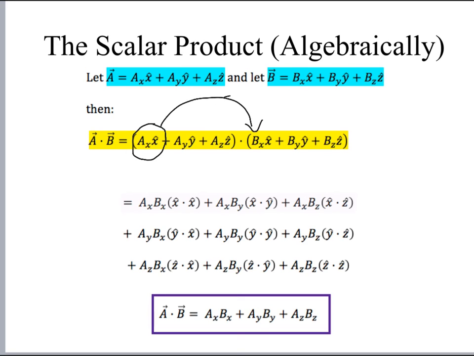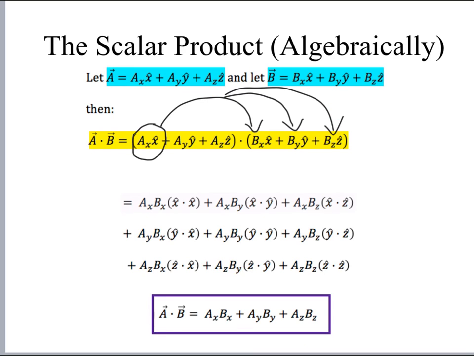I'm going to take that one, and I'm going to multiply it by those three. And when I say multiply, I mean I'm taking the scalar product. So I'll do ax x hat with bx x hat. I'll take the scalar product of ax x hat with by y hat. I'll take the scalar product of ax x hat with bz z hat.